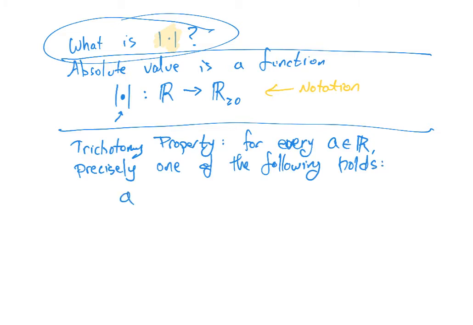Either your number is 0, or your number is positive. Now, in the book, they used the notation bold P for the positive reals.